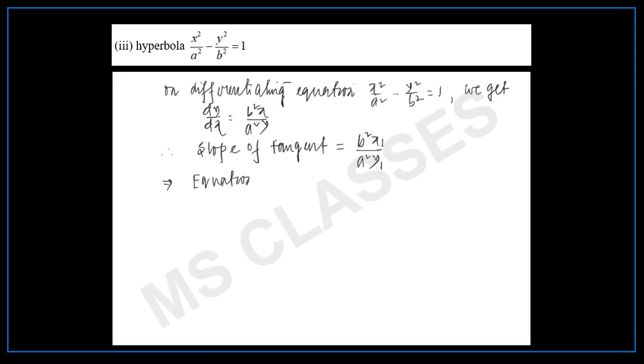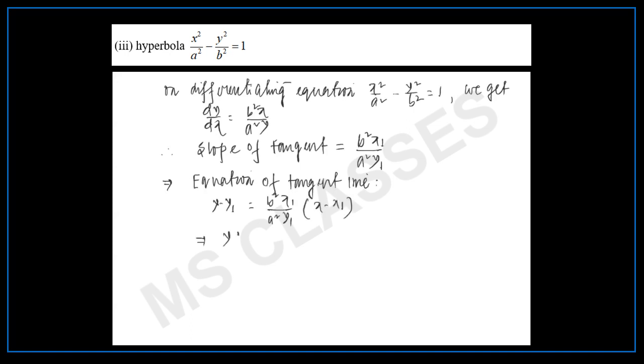This implies equation of tangent line: y minus y1 equal to b square x1 by a square y1 into x minus x1.